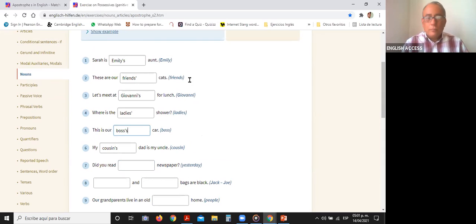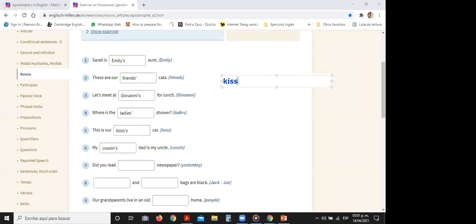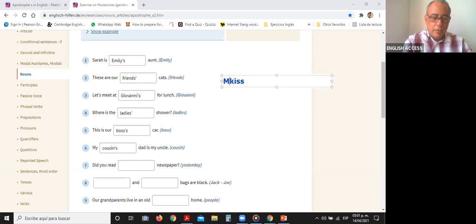Por ejemplo, si fuera la palabra kiss, ¿qué significa kiss? Beso. Kiss termina en S. My wife's kiss, apóstrofe S, is nice.